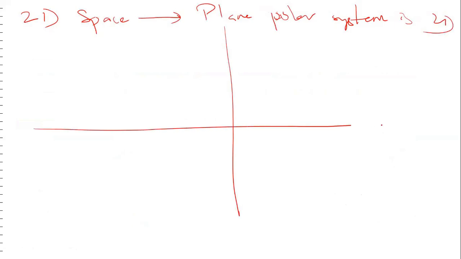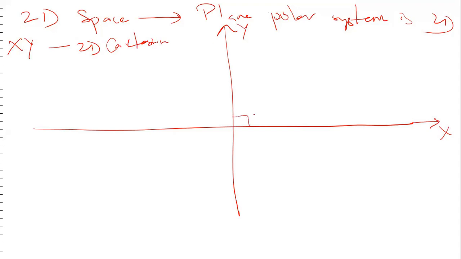In a 2D space, if we take this 2D Cartesian system, x, y, with the x-axis and y-axis at 90 degrees, we can define any point in this two-dimensional plane.